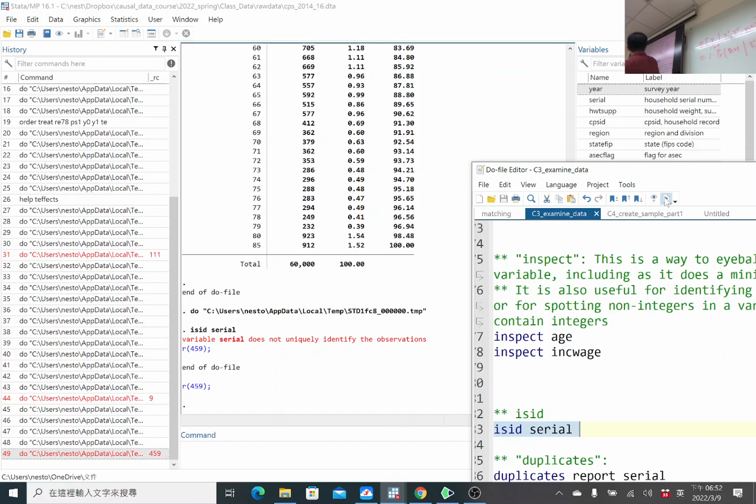Okay, but maybe you have another variable that can uniquely identify individuals. For example, individual ID should identify individuals. But if you find the individual ID cannot uniquely identify observations, that means your data has some problem. That means 2 individuals share the same ID. That could be wrong. And you can use this to check.